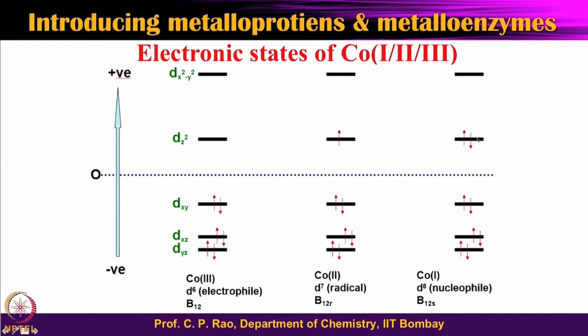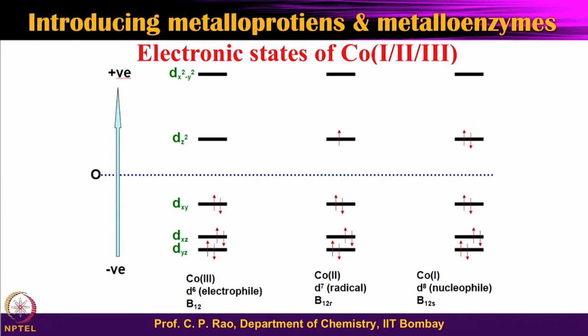And in this one, both the electrons are filled, so it is a pair, and it will be a nucleophile. So, electrophile, radical, nucleophile. This is B12, this is B12r, B12s.